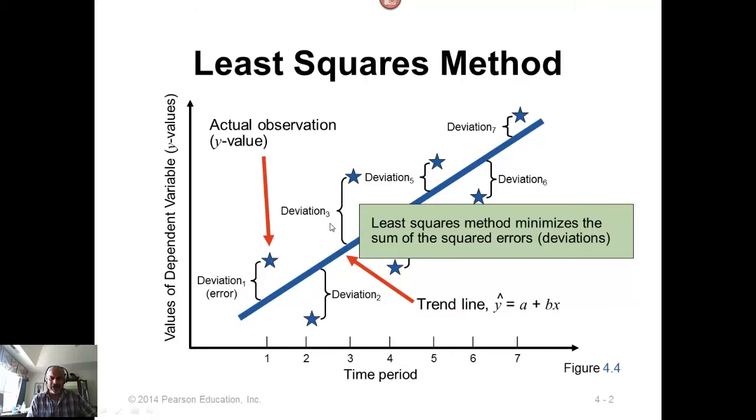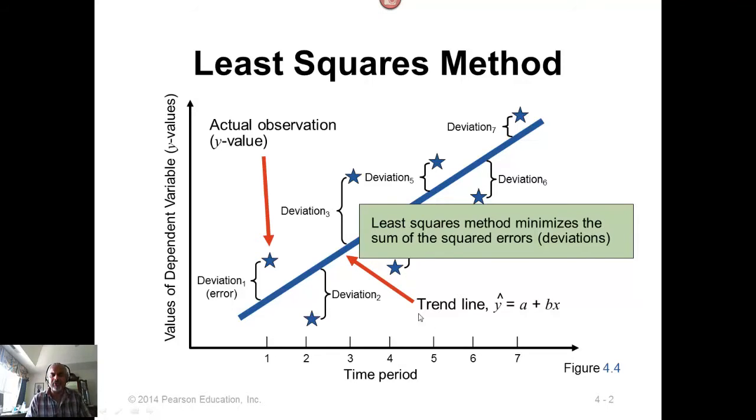So if we take all of these deviations, square them and sum them, that is called sum of squared error. Now our objective is to find a line that will minimize that sum of squared error, least sum of squared error. So that is the reason why this is called least squares method.